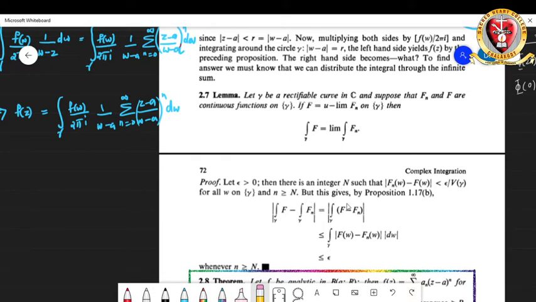Now we are going to take the modulus of the integral over gamma of F minus the integral over gamma of Fn.